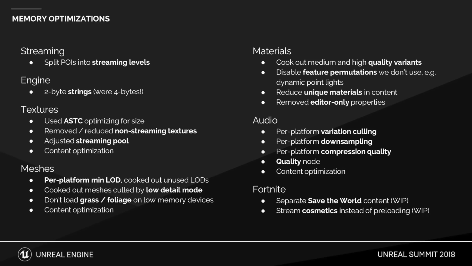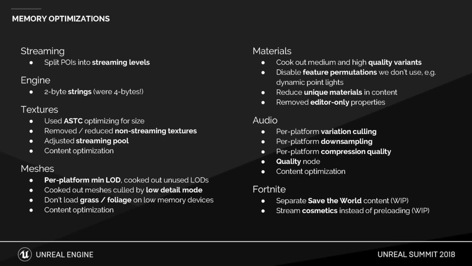We use ASTC texture format, and this is a great format because you can tune the size and the quality. So we try to keep the size as small as possible, and then we adjusted the streaming memory pool for texture streaming.